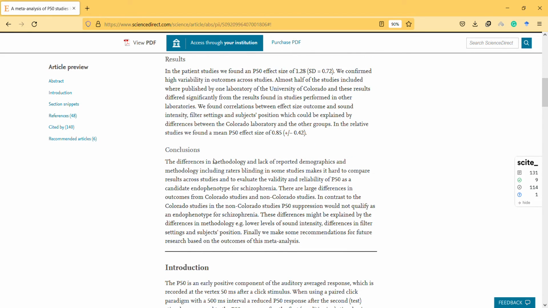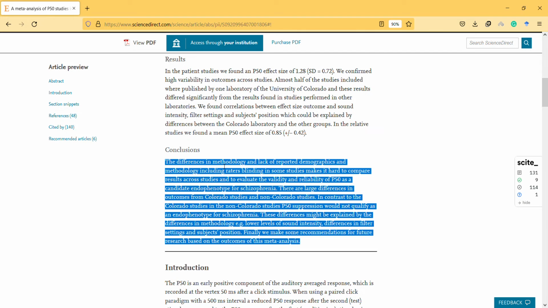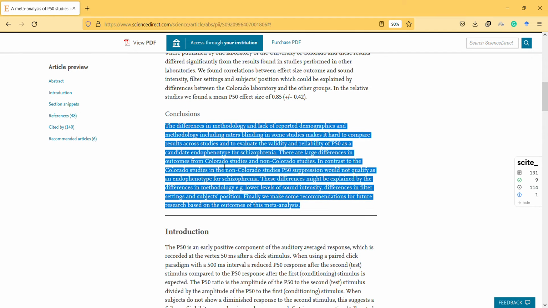The differences in methodology and lack of reported demographics and methodology, including raters and blinding in some studies, make it hard to compare results across studies and to evaluate the validity and reliability of P50 as a candidate endophenotype for schizophrenia. There are large differences in outcomes from Colorado studies and non-Colorado studies.